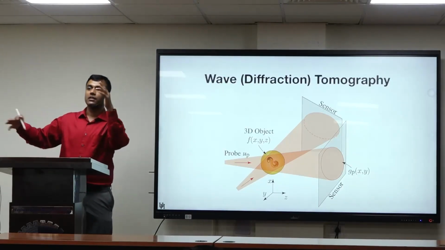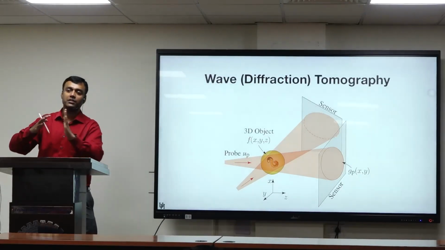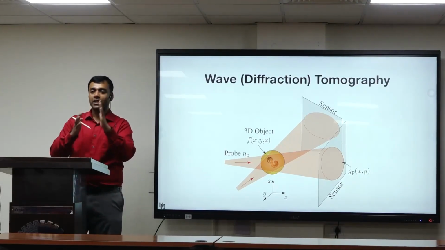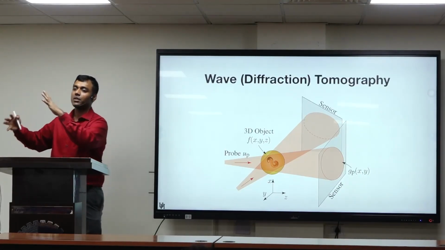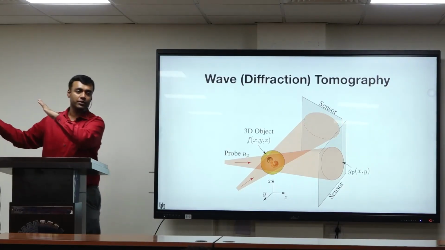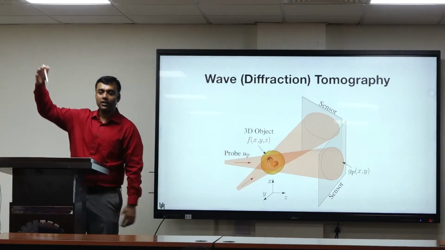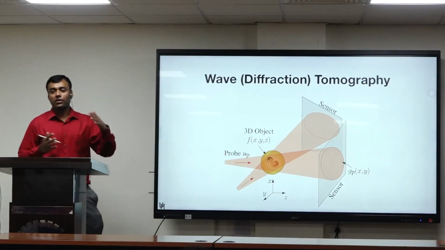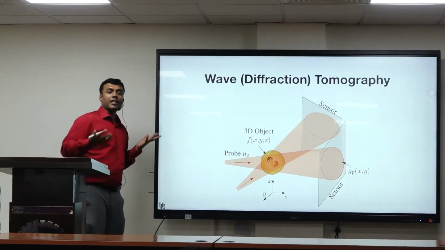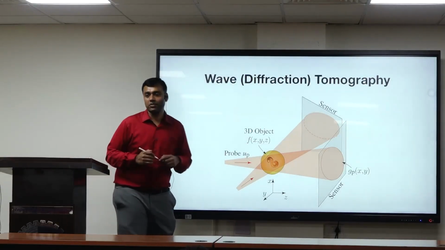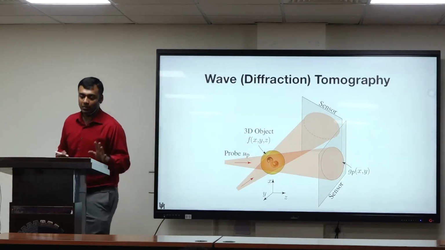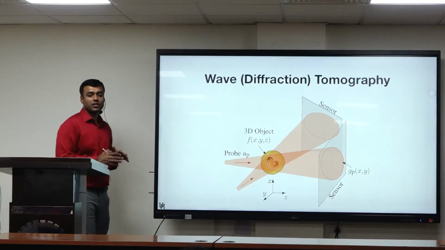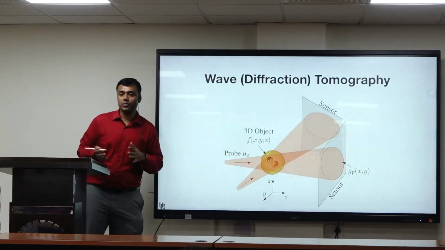Let's say the wave that comes in is a plane wave, and it becomes multiple plane waves going in all different directions because of diffraction, and you get a detector and you measure the detection. So it's a much more complicated process than the ray version. But people have figured out how to do the inverse reconstruction for this kind of approach as well.